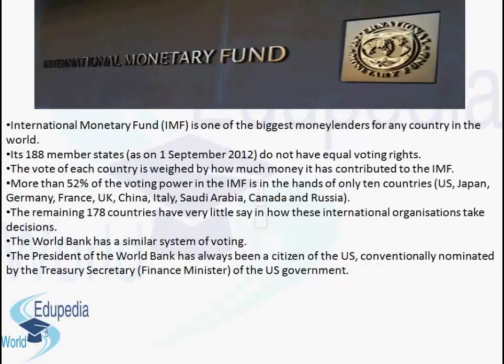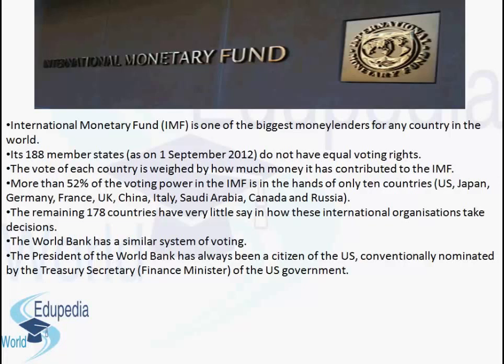Till 1st September 2012, the IMF had 188 member states, but they all do not have equal voting rights. The voting rights in the International Monetary Fund are given on the weightage of the money the country has contributed to it. Because of this, more than 52% of voting power is in the hands of only 10 countries: US, Japan, Germany, France, UK, China, Italy, Saudi Arabia, Canada, and Russia.